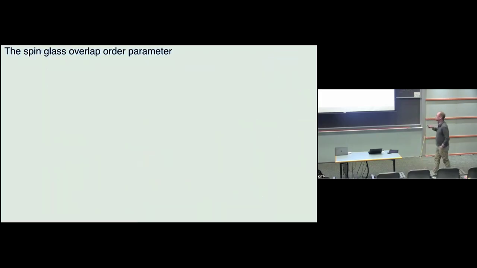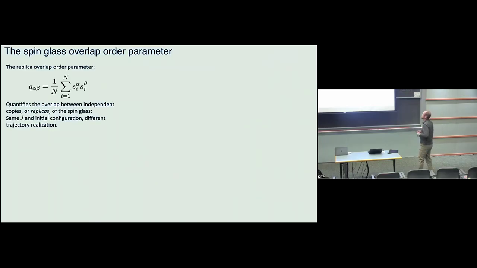So what is the second order parameter that we need to distinguish the paramagnet from the spin glass? That's called the overlap order parameter. It looks kind of funky, so let me walk you through it.